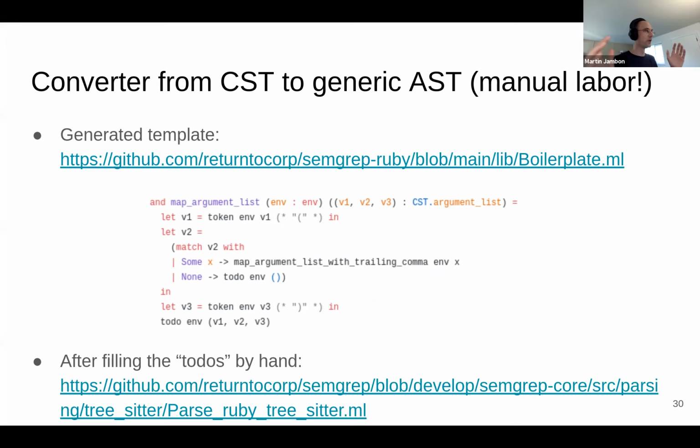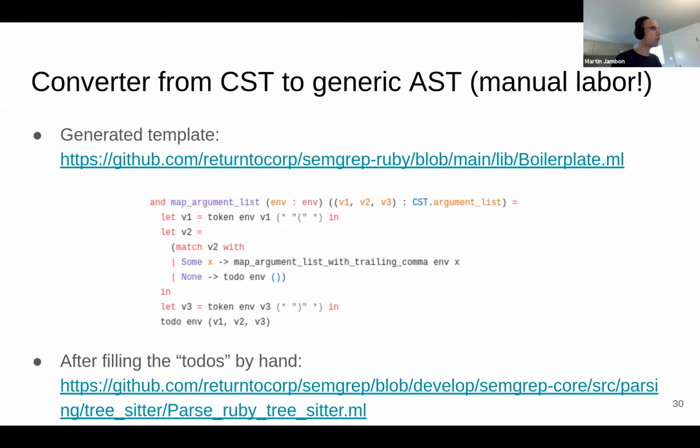So yes, we're doing this crazy operation of starting from this generated boilerplate, which is a function that maps. So here's just one example. We have this map argument list. So argument list is a type of node, and this defines a function that maps an argument list node into something else. And this something else should be something equivalent in the generic AST.